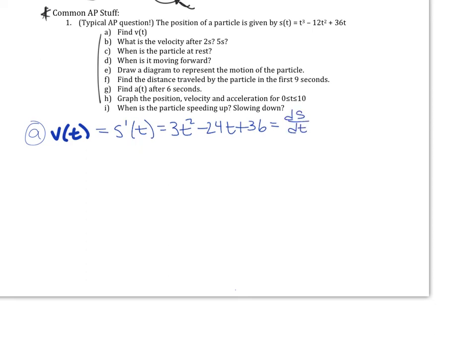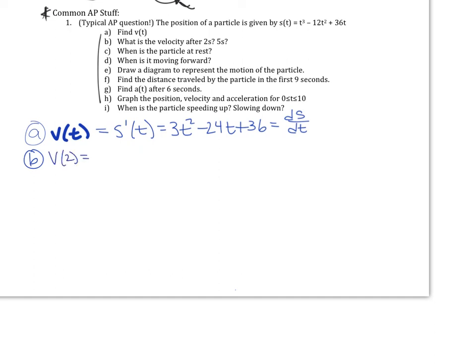Okay, so then for part B, we need to find the velocity after 2 seconds, and then the velocity after 5 seconds. So I'm going to find v of 2.